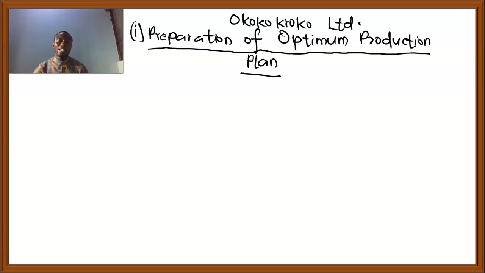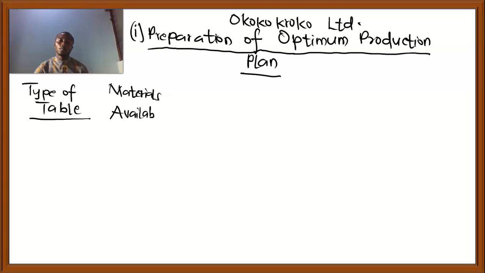So first we have a type, so type of table. Then we have materials available. And we also have material usage. We have remaining materials.